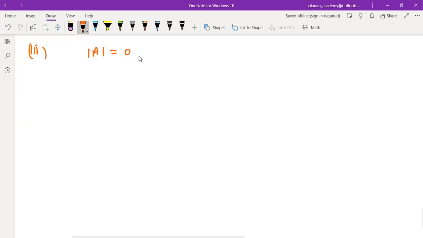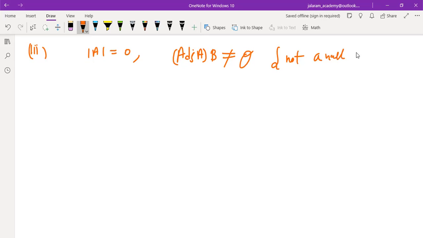But one case remains, which one? If the determinant of A equals 0, and we find adjoint of A into B, and it is not a null matrix, then what happens? If adjoint of A into B is not a null matrix, no solution exists.